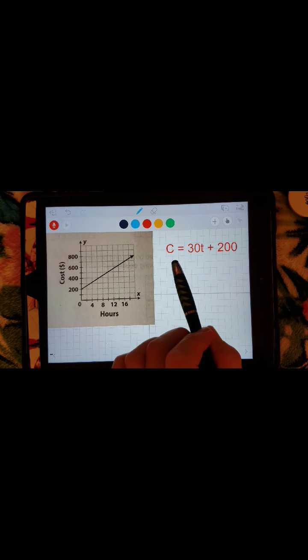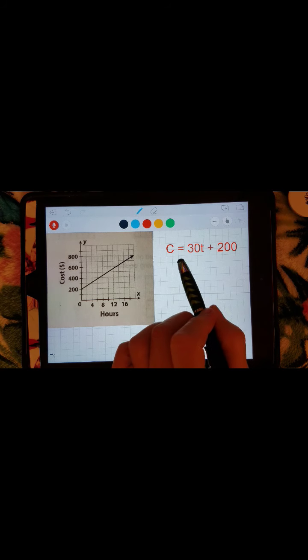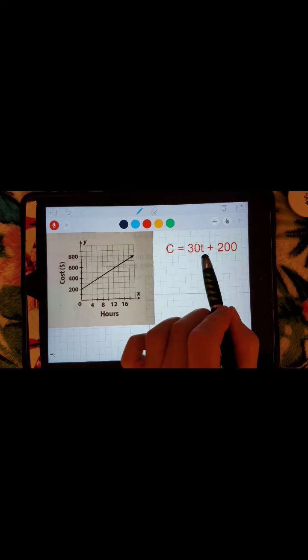Okay, here's our linear function. C is equal to 30t plus 200.